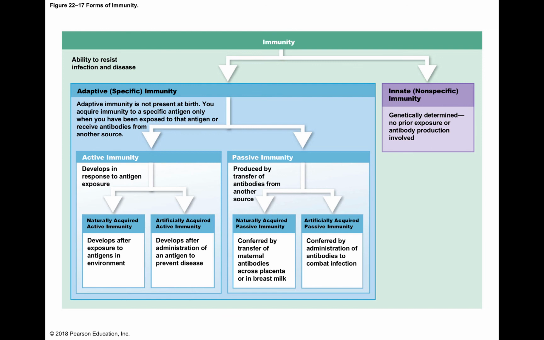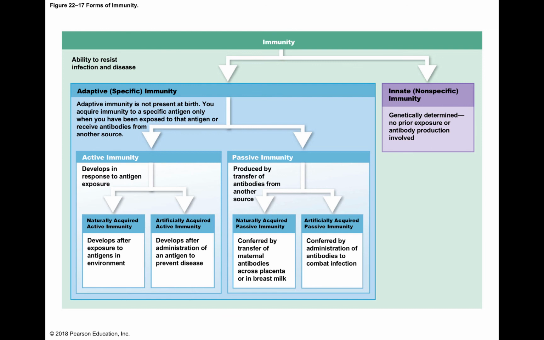Someone sneezes in their hands and then touches the doorknob, and then you touch the doorknob, and then you touch your mouth, right? You're receiving that actual virus or bacteria through the environment, right? And it's the antigens from that virus or bacteria. So now your body has to mount an active immune response, and that came through the environment. So that would be an example of naturally acquired active.